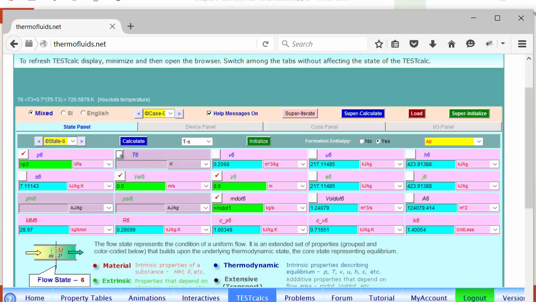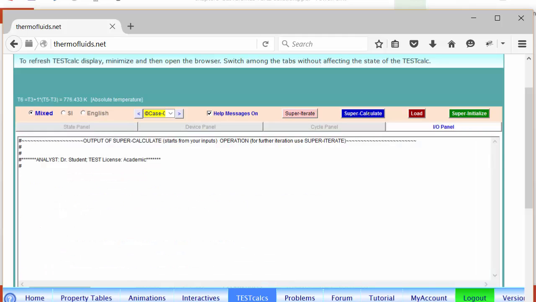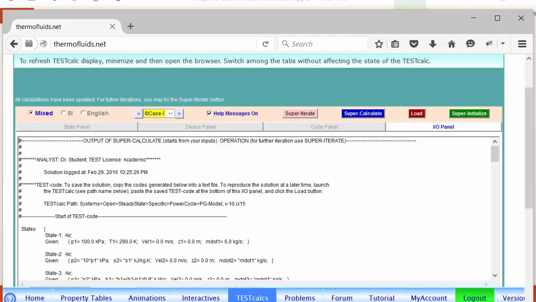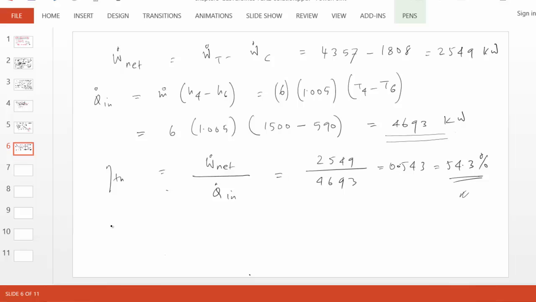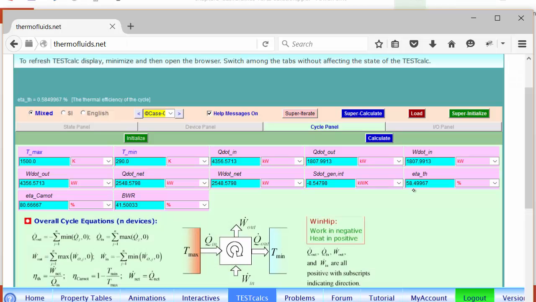So if we simply change that to 100% by changing 0.7 to 1, we calculate the state, and the way it works, if we now click the super calculate button, all the states will be recalculated, and we can go back to the cycle panel and pick the answer. See, the efficiency has increased to 58.5%. So if you go back, write down, for effectiveness of 1 it becomes 58.5%.